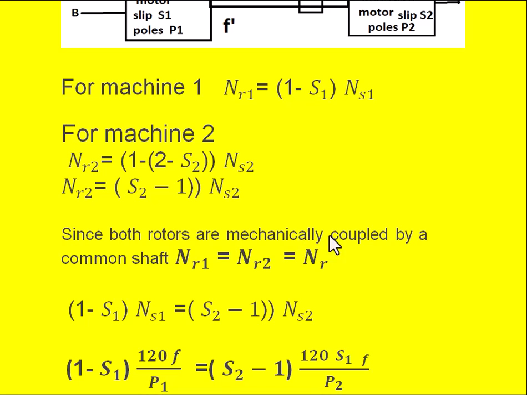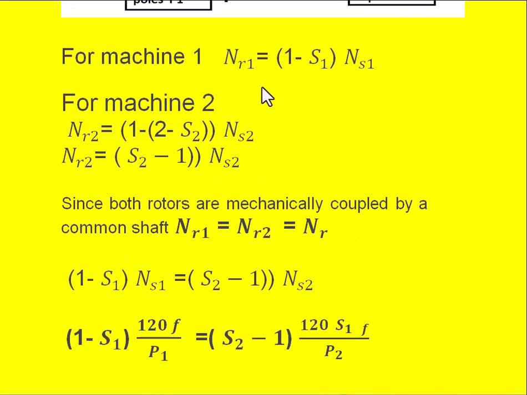Since both the rotors are mechanically coupled by a common shaft, both rotor speeds will be the same, that is NR1 must be equal to NR2, that is equal to NR. So substituting the NR1 value and NR2 value here, we get 1 minus S1 into NS1 is equal to S2 minus 1 into NS2.